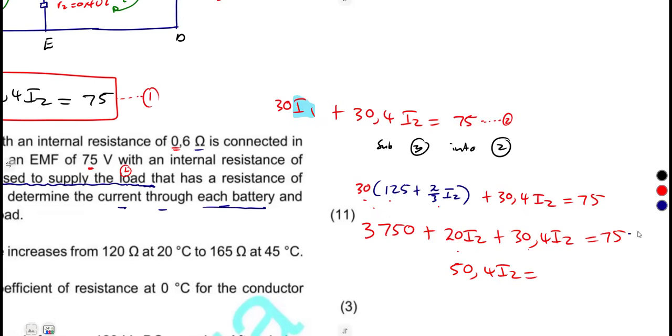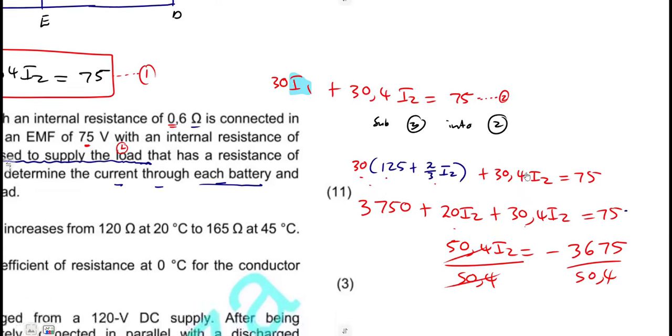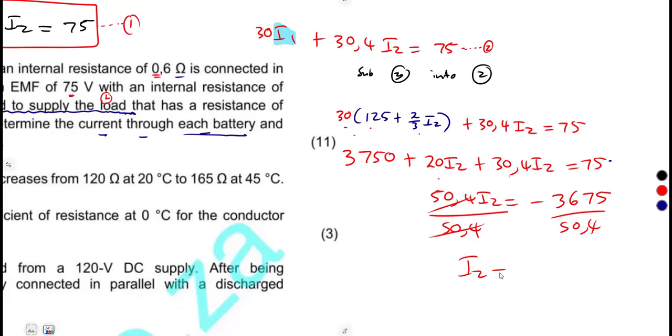So it's going to be a negative there. 75 minus that is going to give us negative 3675. Divide by 50.4, you're done. So this is I2. The current that you are going to have is negative 72.917 amperes.